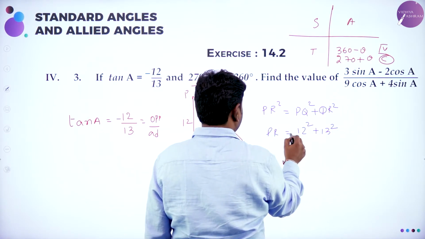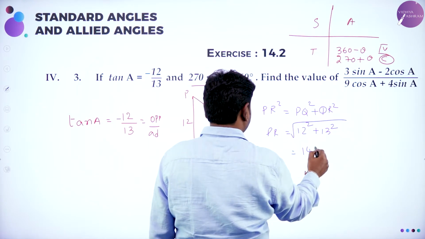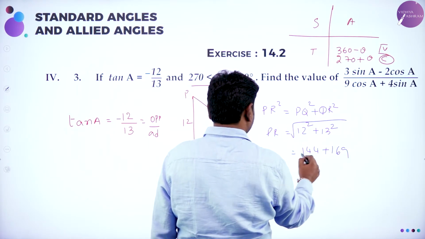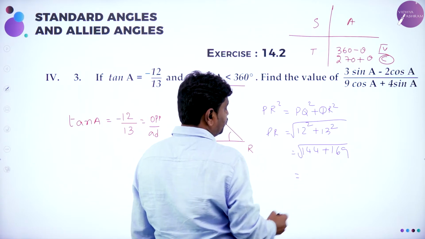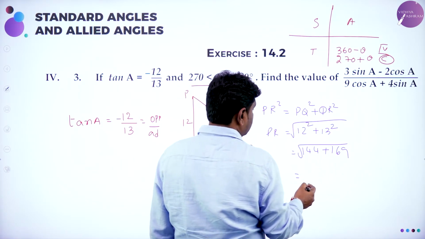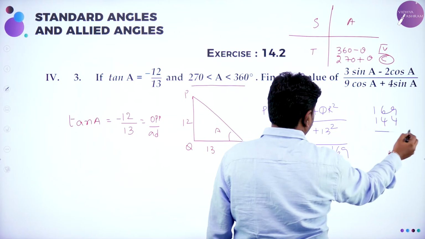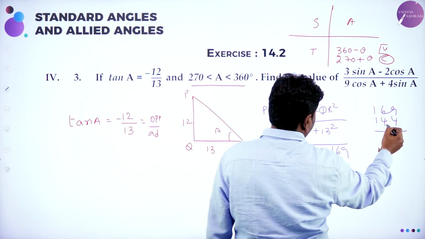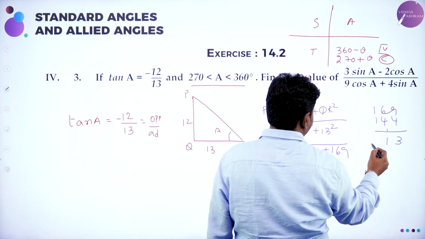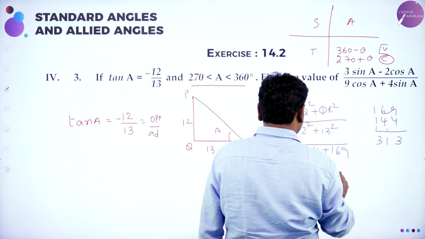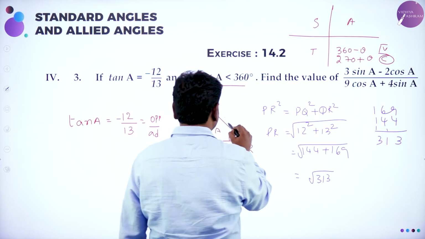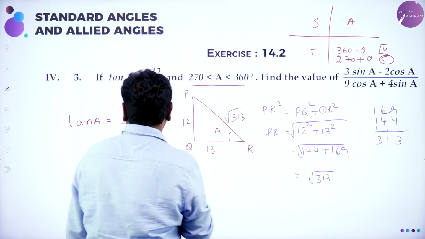And PR is what? Root of this. That is 144 plus 169 under root. 144 plus 169 is 313, root 313. Now simplify this further.